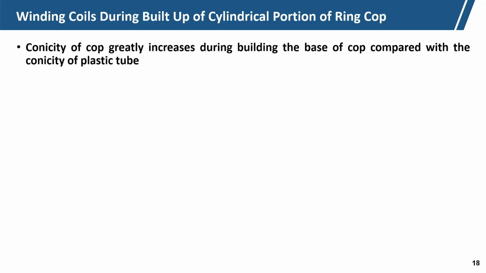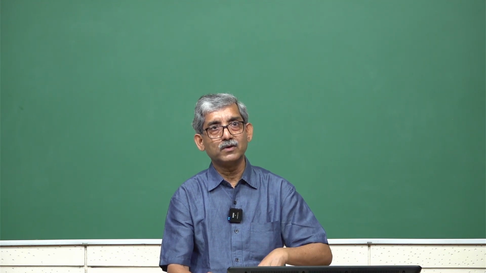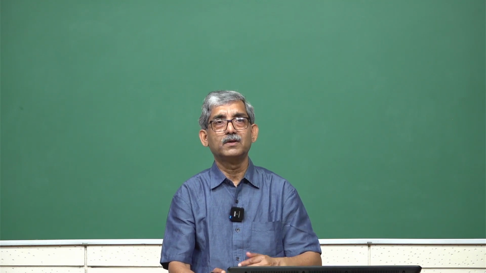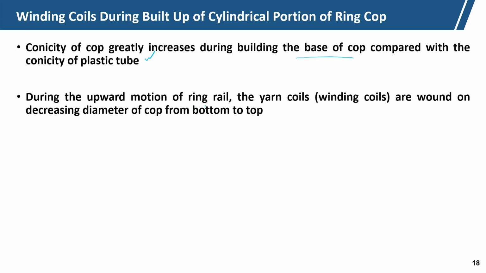Now, the conicity of the cop greatly increases during the building of the base of the cop compared with the conicity of the plastic tube. So, the plastic tube has little conicity, but the conicity we achieve, as I have discussed, is due to the movement of the ring rail. During the upward motion of the ring rail, the winding coils are wound with decreasing diameter of the cop from the bottom to top.